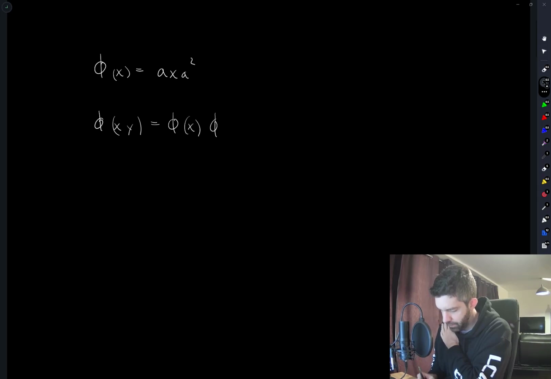Let me refresh my memory on exactly what a homomorphism is here, right? Okay, so first we have the map phi(x) is equal to axa squared, and we want phi(xy) is equal to phi(x)phi(y).